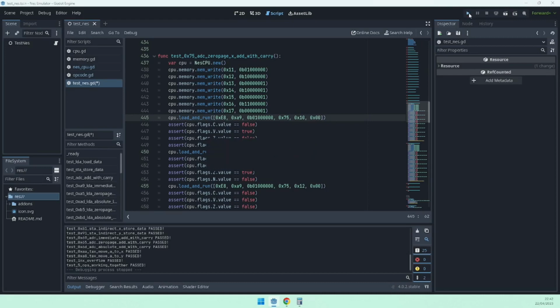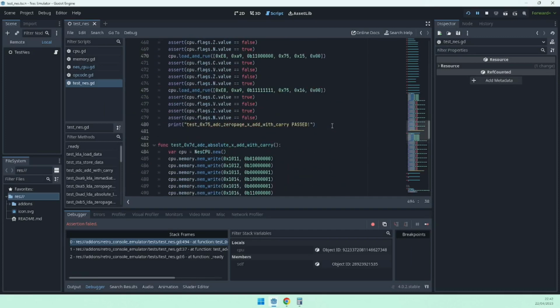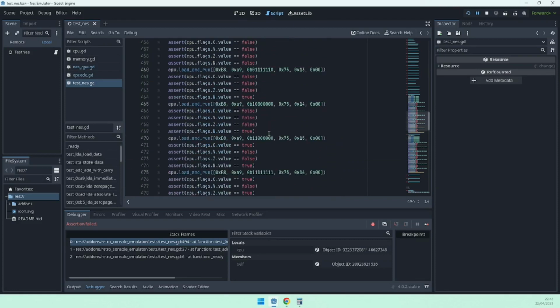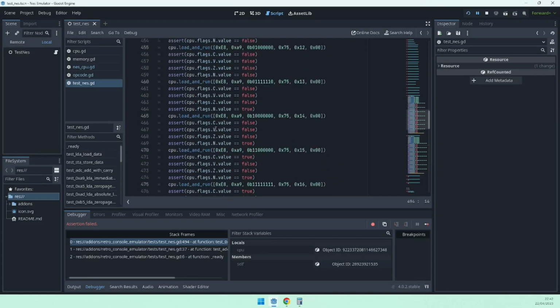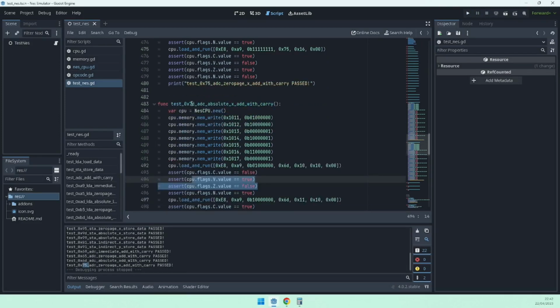So let's try it. Okay, it failed, but failed in the one that we did not finish. So it passed the 0x75 ABC.